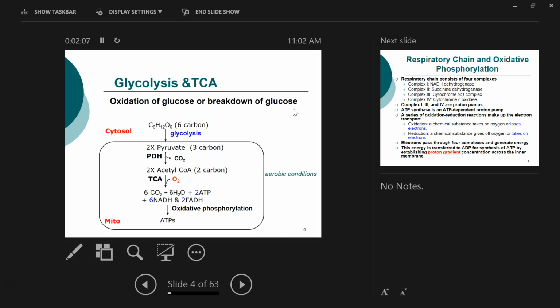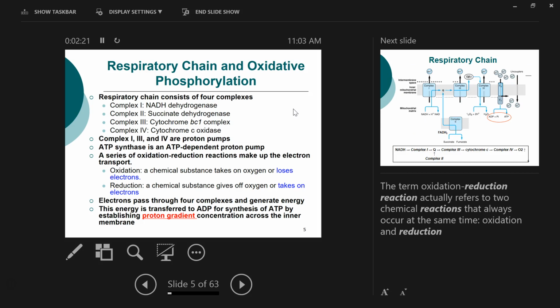This oxidation actually requires oxygen and also occurs in the mitochondria. So that's glucose metabolism, glycolysis and the TCA cycle. Now I just wanted to further talk about the electron transport chain, or respiratory chain. We have several different names: respiratory chain, electron transport chain, oxidative phosphorylation, right? All the same thing.